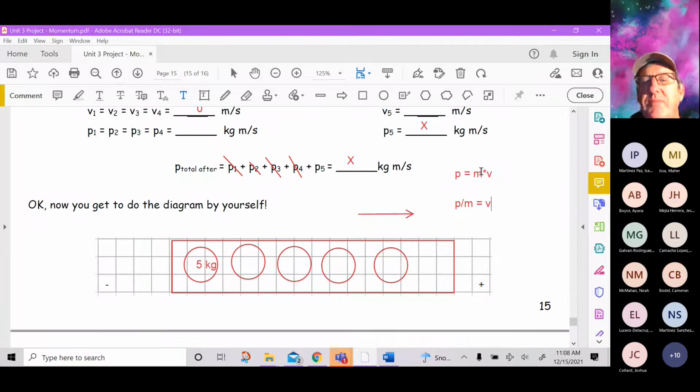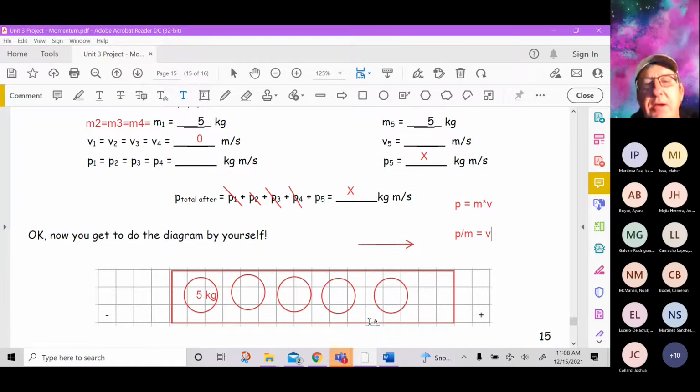Now let's see. The diagram. You've got to position these balls correctly. You've got to put the arrow on the correct ball. You've got to label all their masses. You've got to label the velocity of this arrow, which is going to be over here.